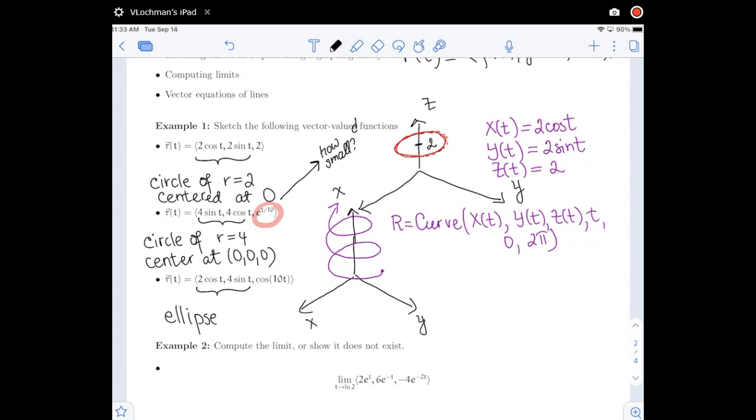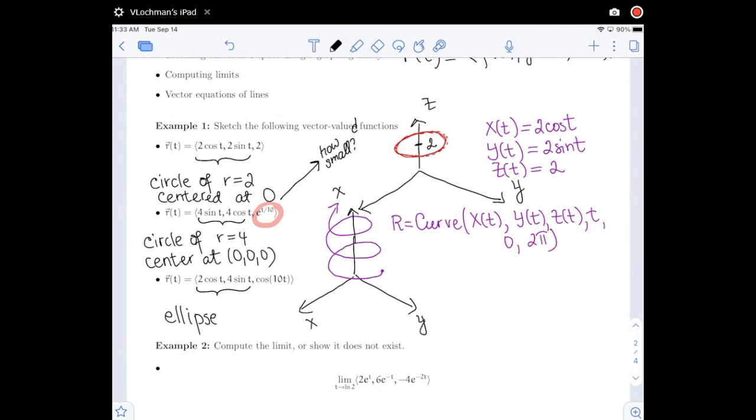So your height for this curve is no longer the same as you would imagine with just an ellipse. Let's say it was 2 cosine t, 4 sine t, and for the third component you just had a constant, something like 3. That's your ellipse sitting at height equal to 3. But now this is a function, cosine 10t.